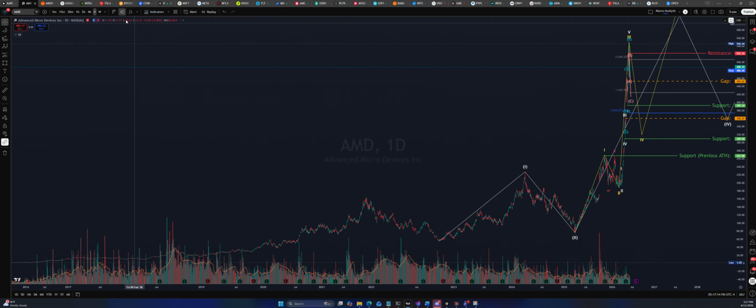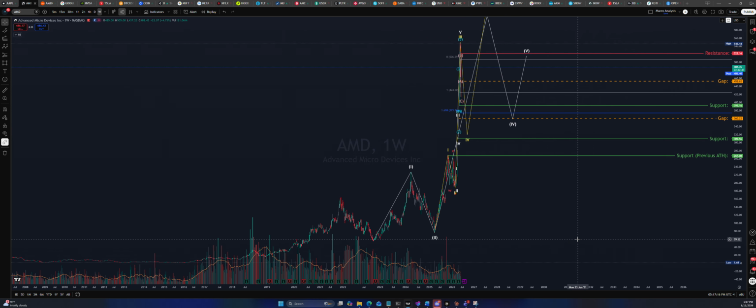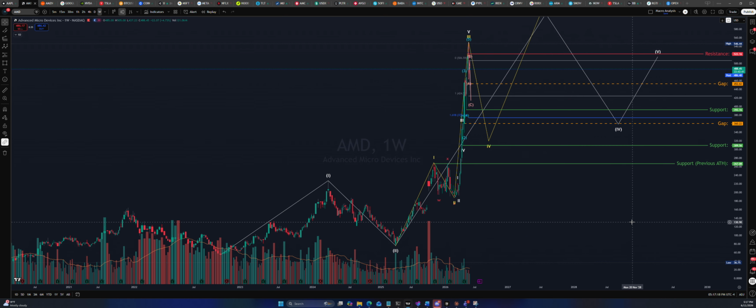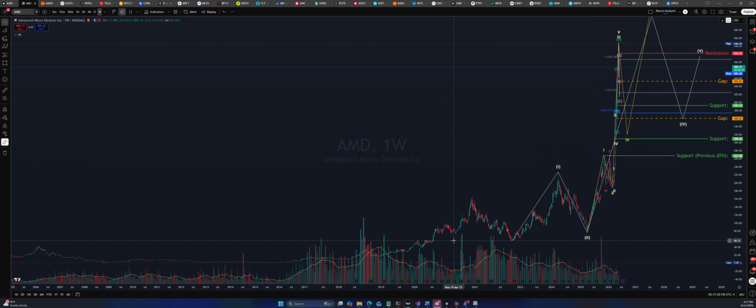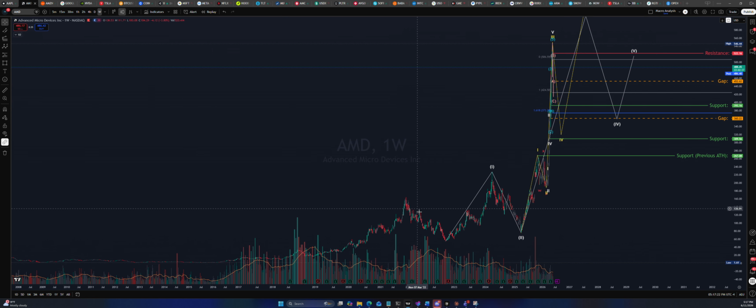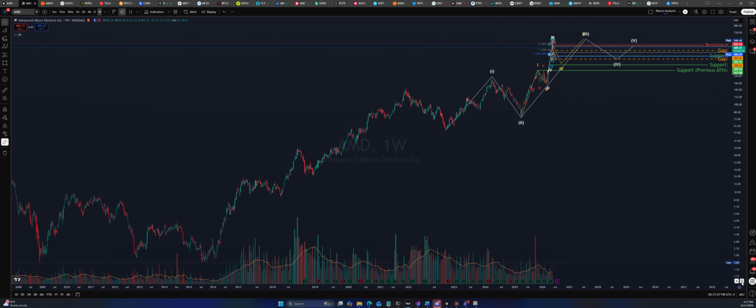So in terms of a super cycle on AMD, you've had a wave. This has completed an entire wave structure. So I start from here. I like to use log charts as well. But this has completed one. So I'm going to start this from over here because that has completed a cycle. So this was a new cycle.